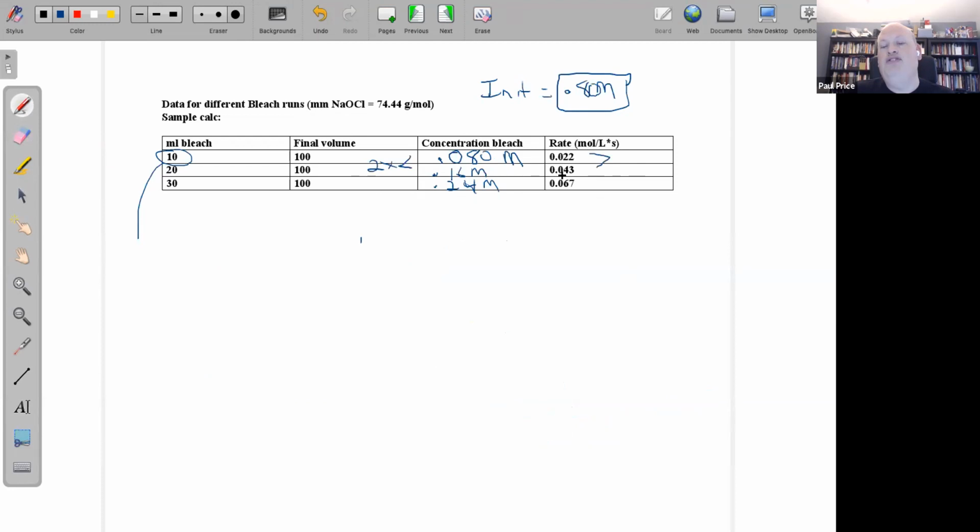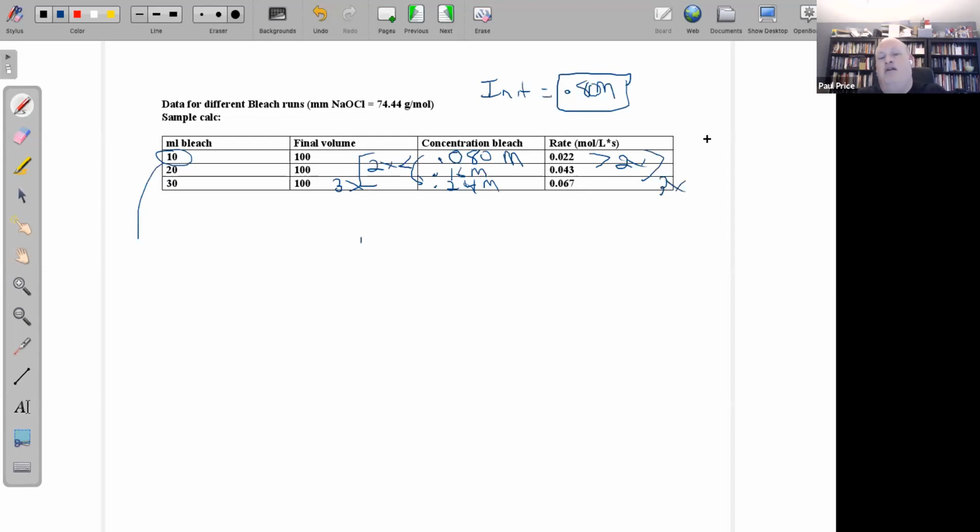Look what happened to the rate. What's the relationship between 0.043 and 0.022? Well, 0.043 is double 0.022, so this also doubled. And notice here, when I went from 0.08 to 0.24, this went up by a factor of 3, and 0.067 to within experimental error is 3 times 0.022.